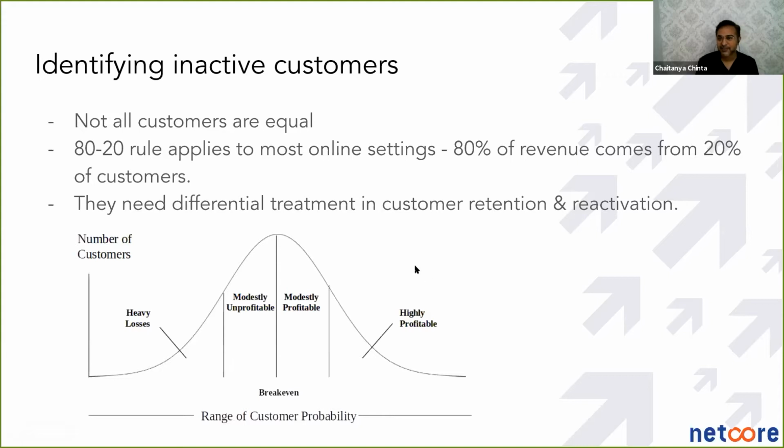And then you have the highly profitable customers who are loyal to you, who engage with you, who transact with you more and more, right? They will need differential treatment in retention and reactivation. These are your repeat customers.